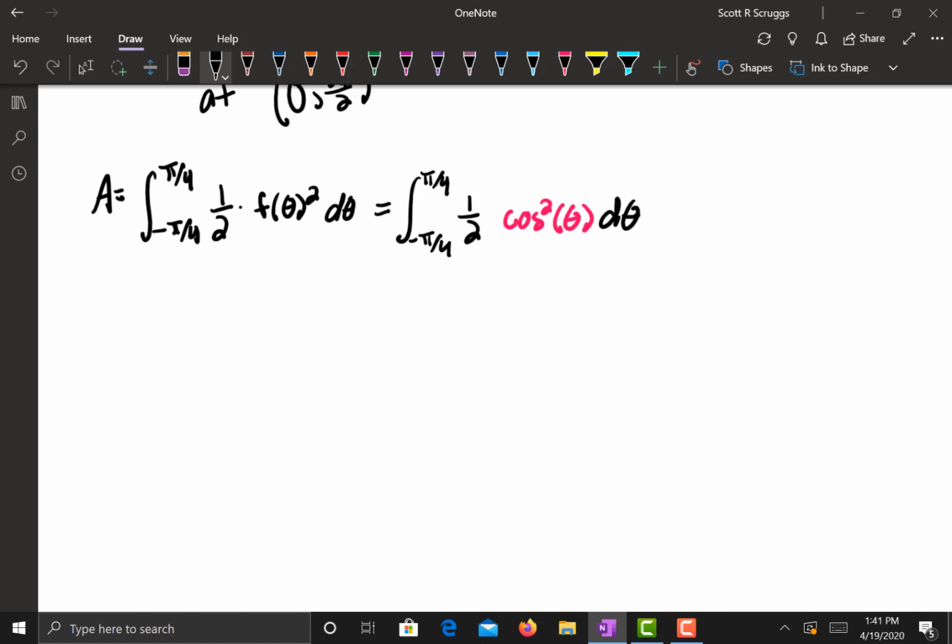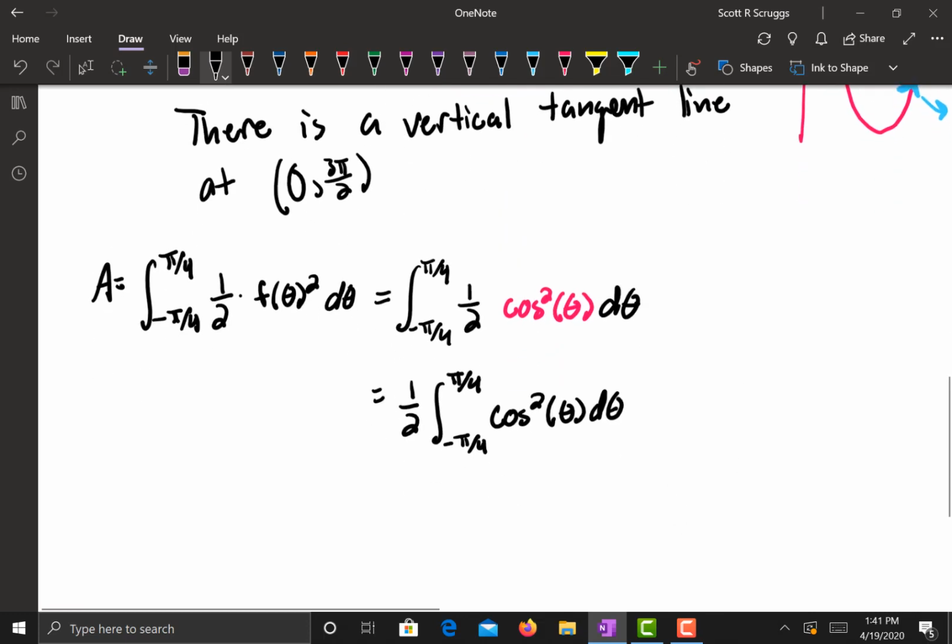Note that 1/2 is a constant with respect to my integral, so I'm going to move that 1/2 up front to give me 1/2 times the integral from negative pi over 4 to pi over 4 of cosine squared of, it should be 2 theta, my bad. So that should be 2 times theta, and that should be 2 times theta. There we go.